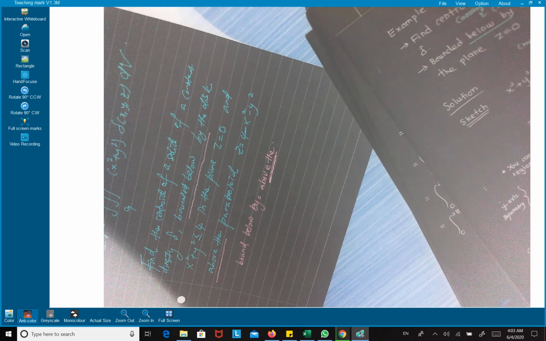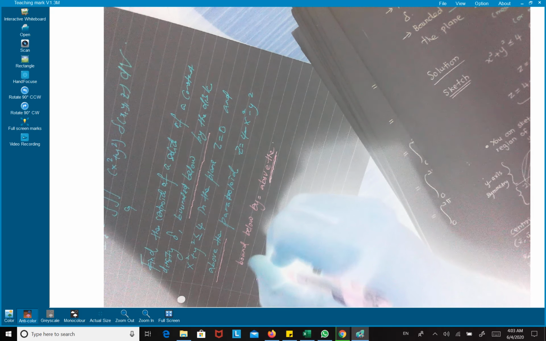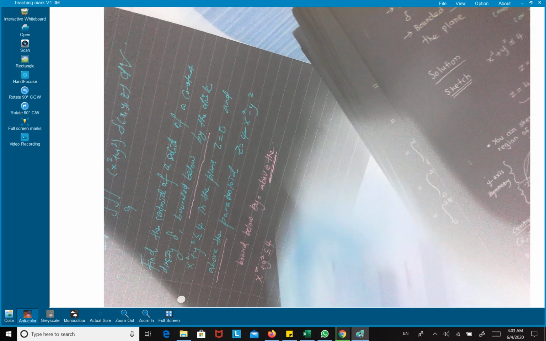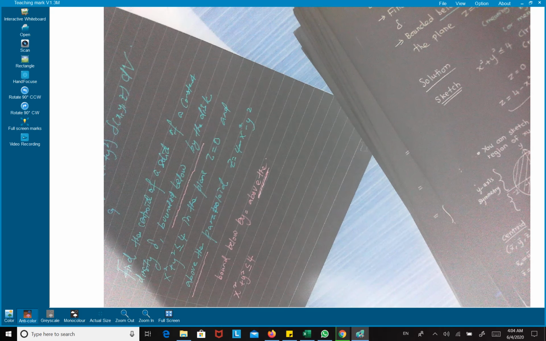So first we try to sketch. So x squared plus y squared, it's just a circle. Z is missing, so it will project to z-axis with radius 2. So we will get a cylinder in 3D.